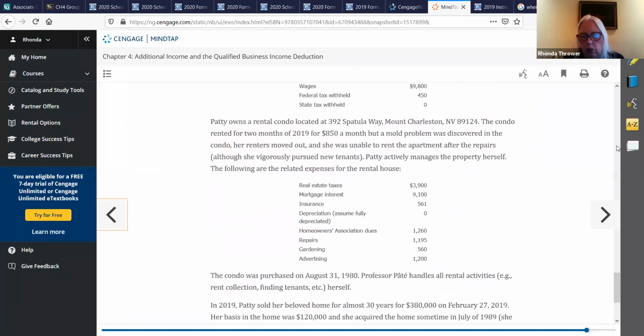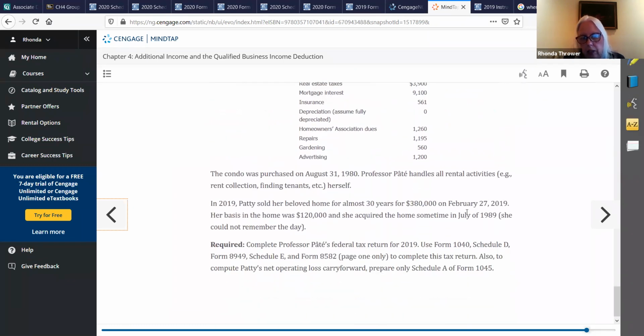I'm skipping back to the instructions for just a minute. This is where she sold her home, and there's nothing reported about 1099-B. So there was no 1099 form. We would have to click that on the Form 8949 and show that as a checked box. So let me see if I can get back to the right form.